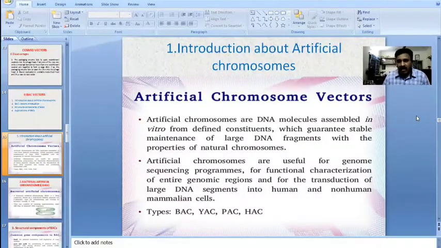So remember, artificial chromosomes are nothing but DNA molecules assembled artificially from a special type of DNA sequences. There are so many artificial chromosome vectors that have been created, but here I would like to explain only two, that is BAC and YAC.